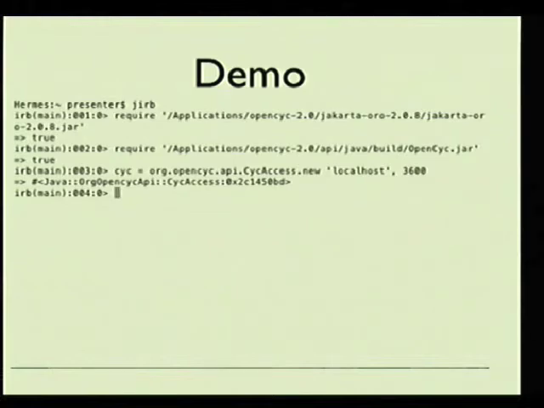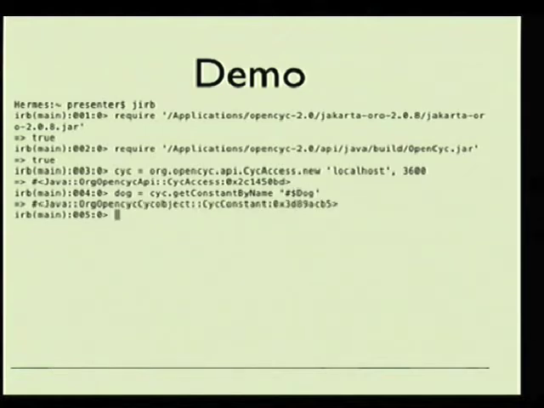Now we can say, okay, well, give me the psych term for dog. And JRuby does an amazing job of making it very easy to just use Java files without any other work.